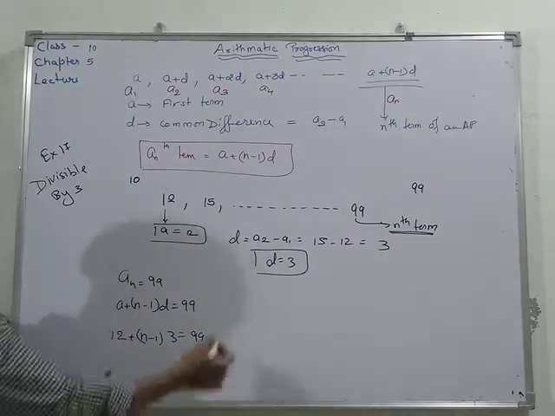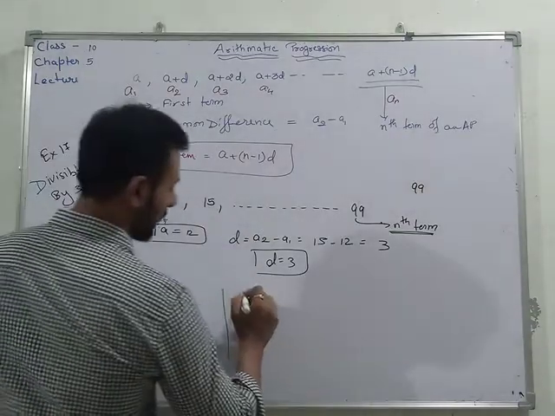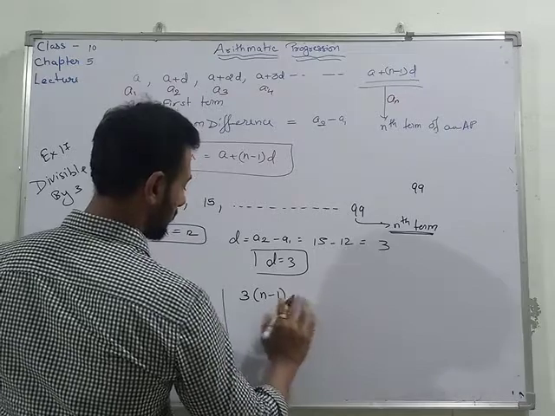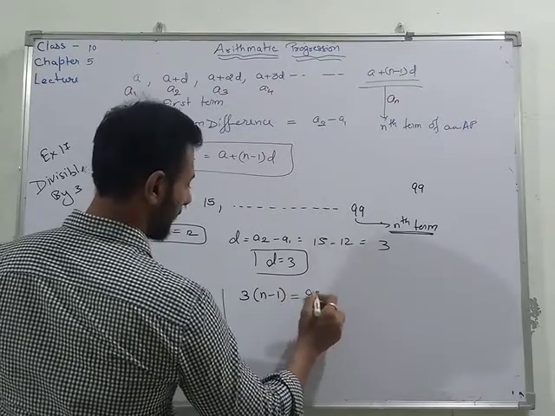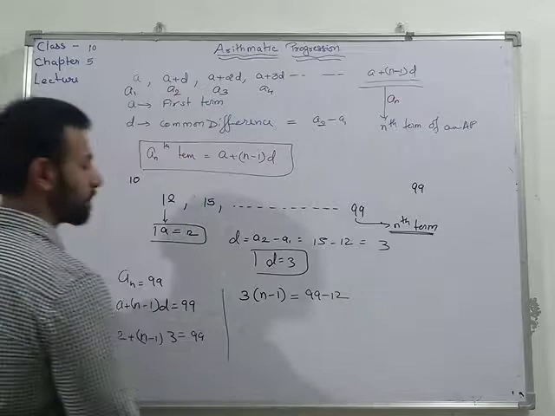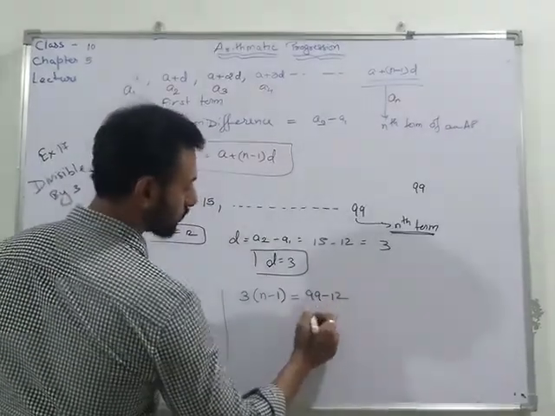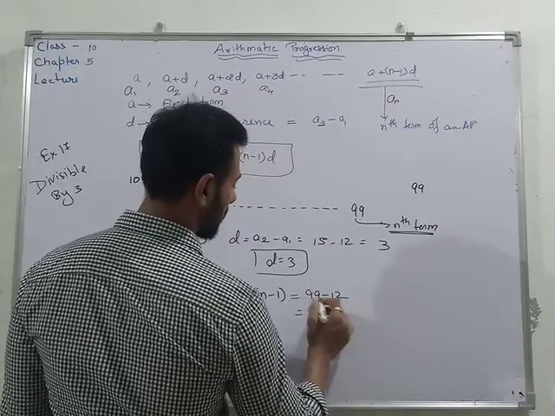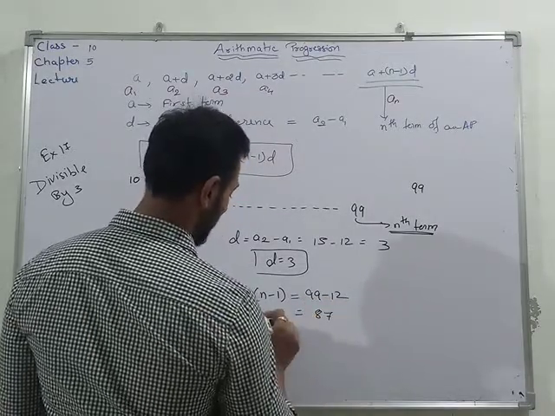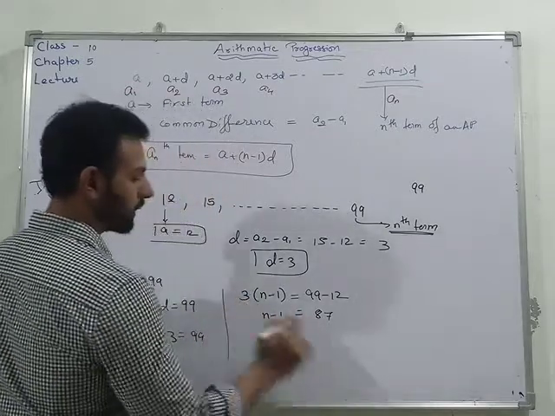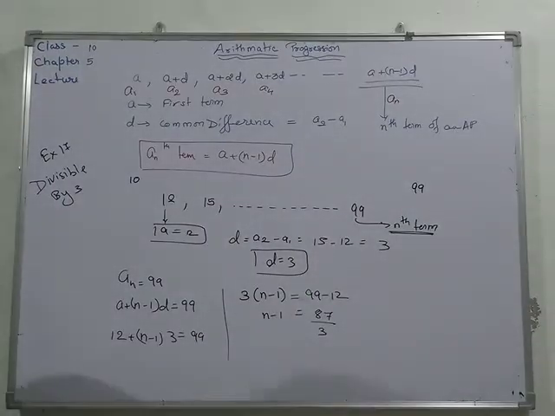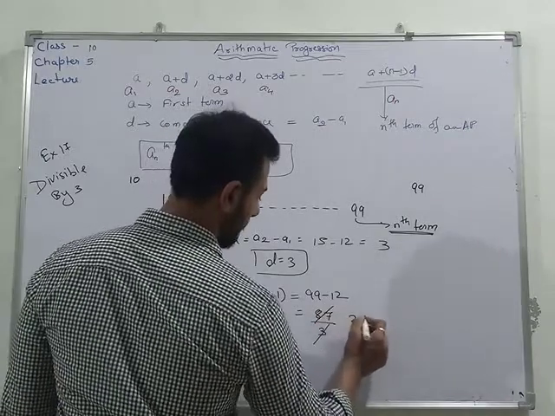Taking this 12 to the right hand side, 3 into n minus 1 is equal to 99 minus 12, which gives 87. Taking this 3 to the denominator, n minus 1 is 29.